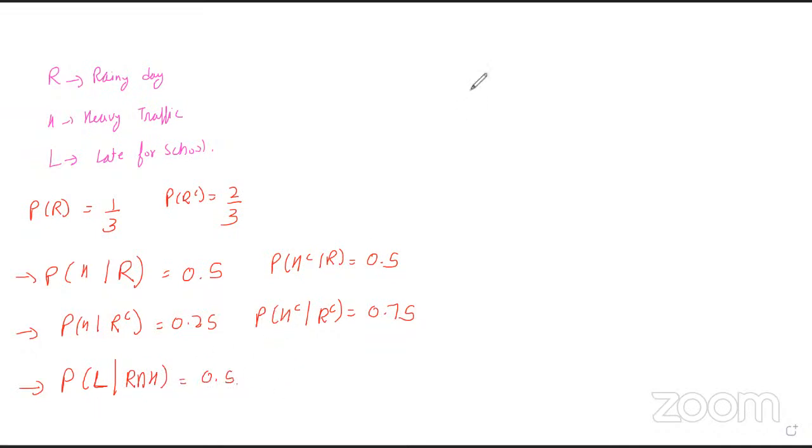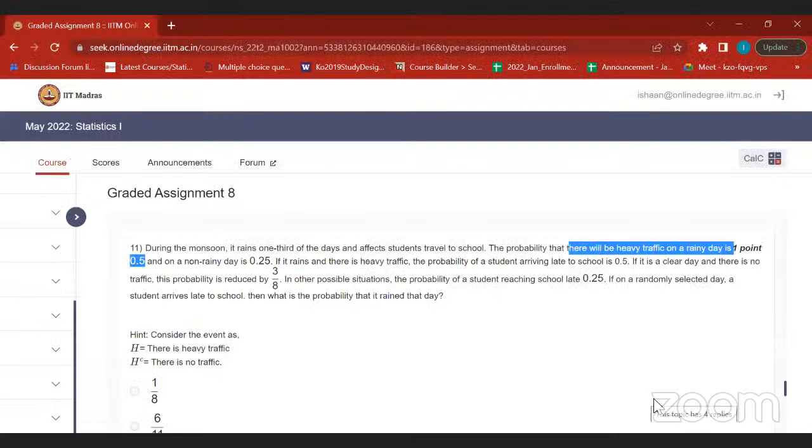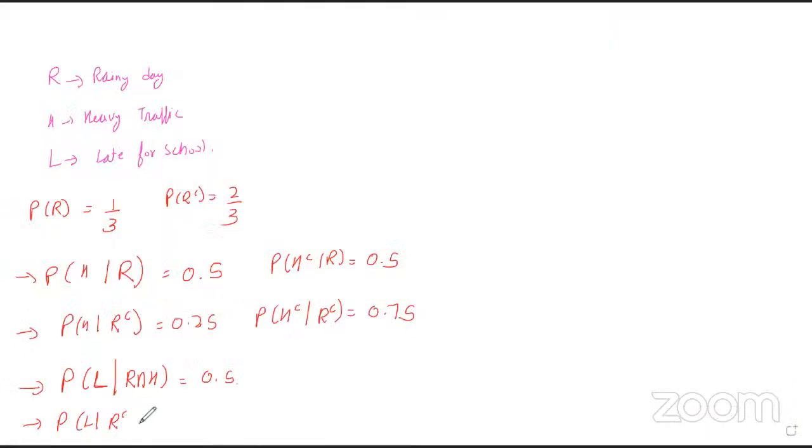Okay. Next information given to us is the probability of coming late if it is not raining, a clear day, and there is no traffic. That is P of late given R complement and H complement.